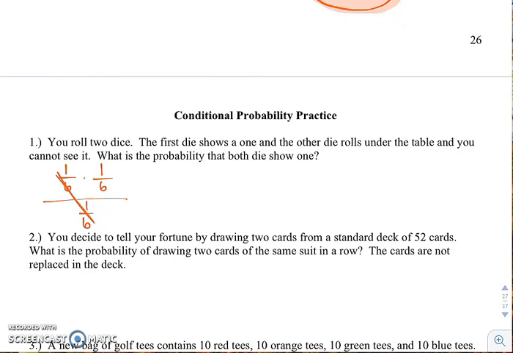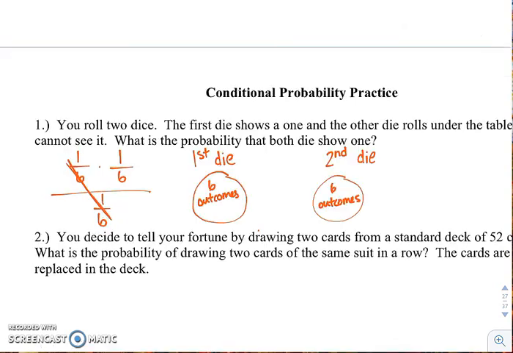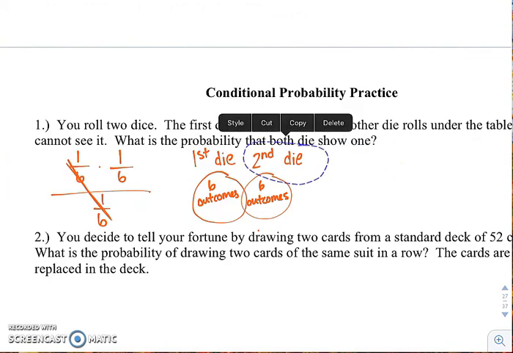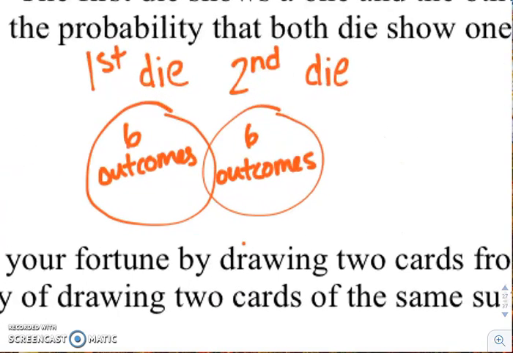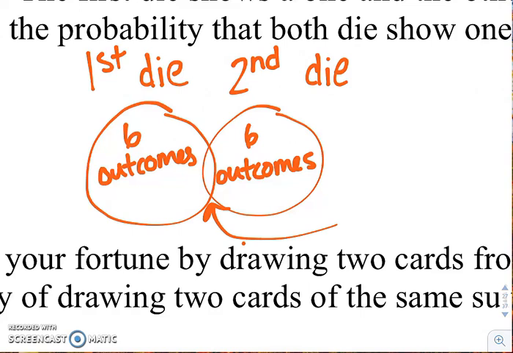If you use a Venn diagram, I made 2 circles, one for each die. Both of them have 6 numbers on them, so both have 6 outcomes. But if you want both of them to have a 1, the overlap in the middle is going to be one outcome where they would both have a 1 out of 6.